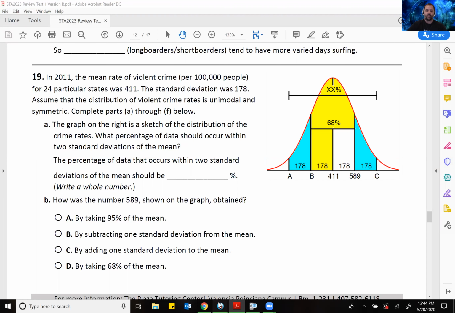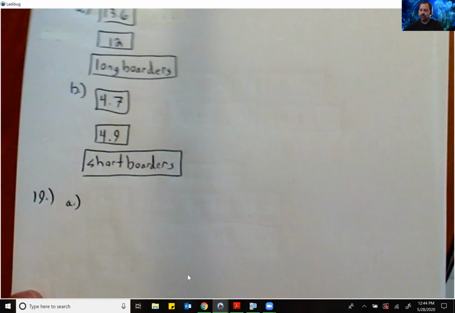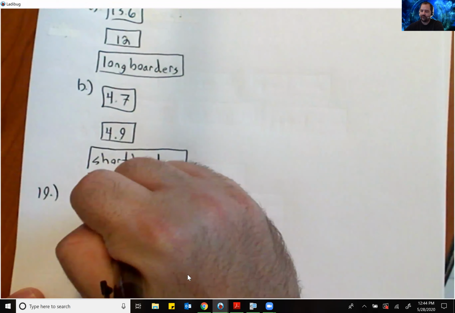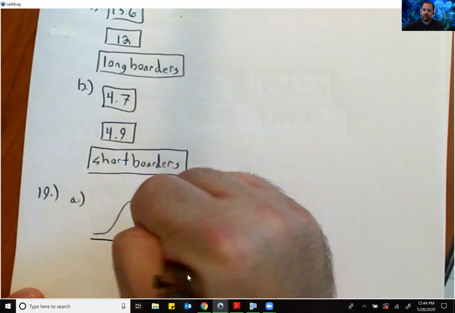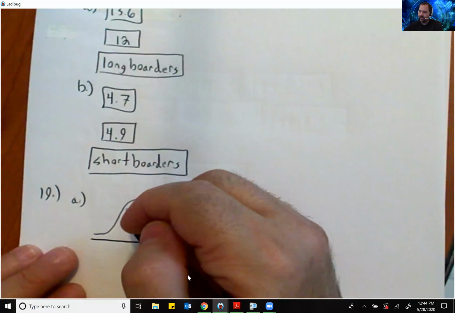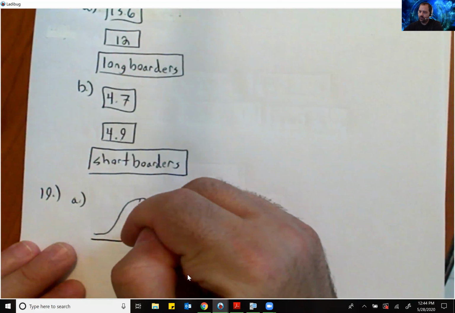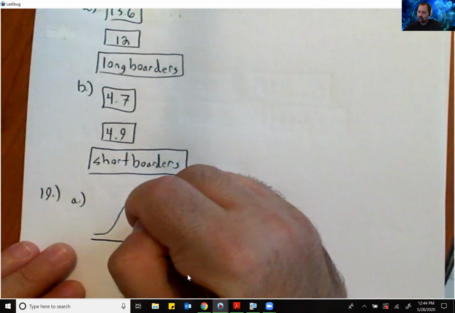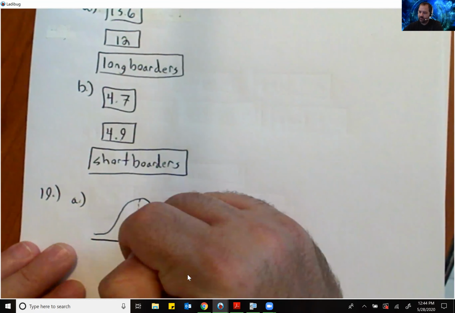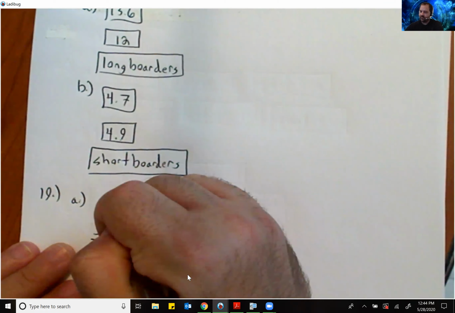Okay. So remember in the empirical rule that when you're looking at that graph, right in the middle is your 0. And then you have this 1 standard deviation above and below.